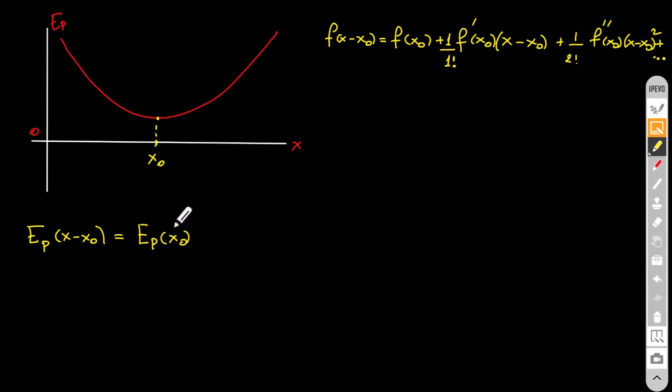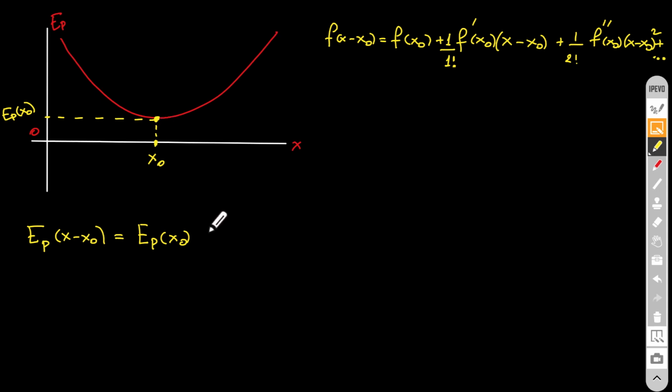I need to find the variable at x equals x naught, and then see what the potential energy is at that point. So this here will be EP at x naught.